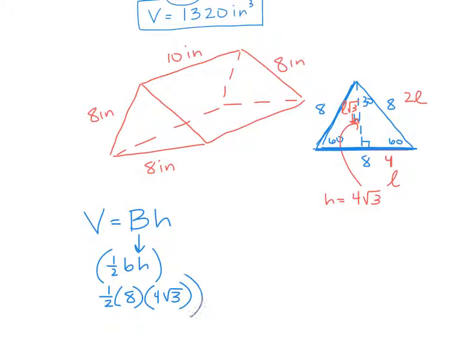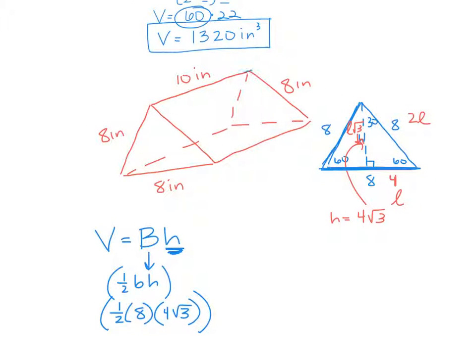So this whole thing is B. What is this H? 10. That is 10. If you look back at the original figure, the height of the figure is the distance between the two bases. So you're multiplying that by 10.